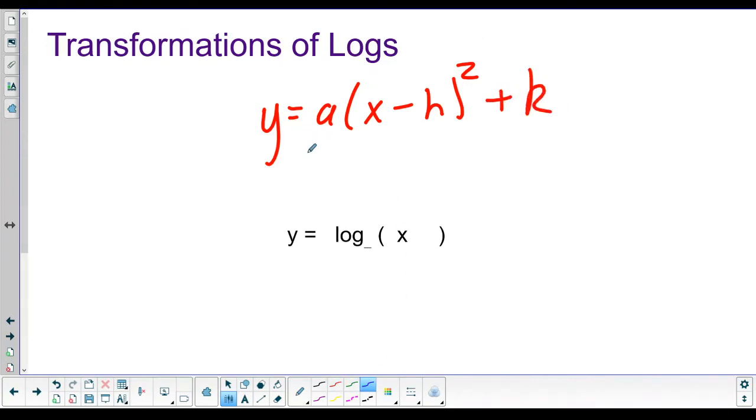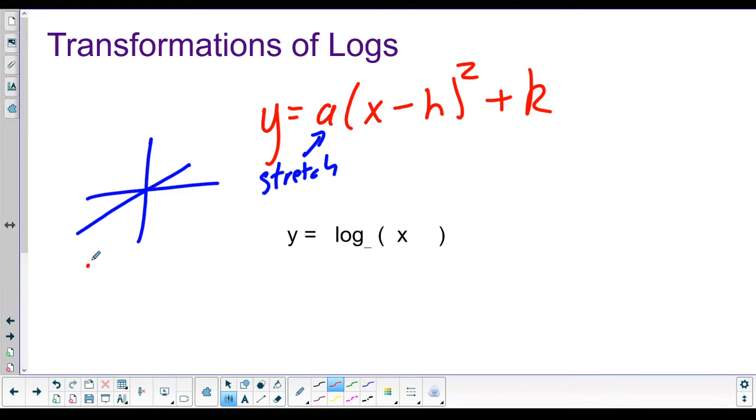So we have a coefficient in front that can stretch the graph vertically. You can take a graph that looks like that and then stretch it so that it looks like that. We can use our h value. Remember, this is our horizontal shift.